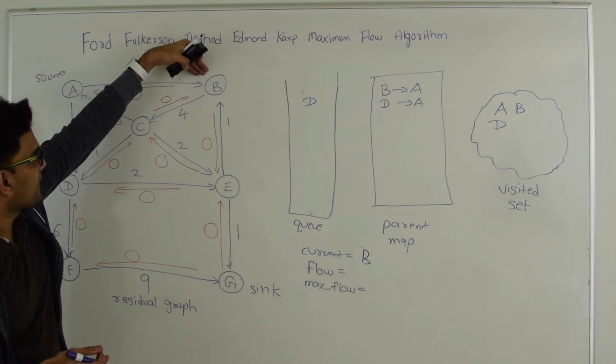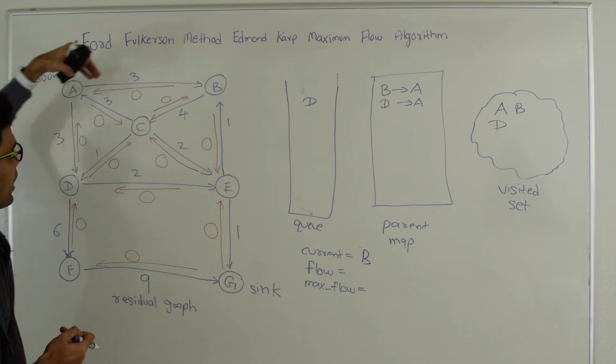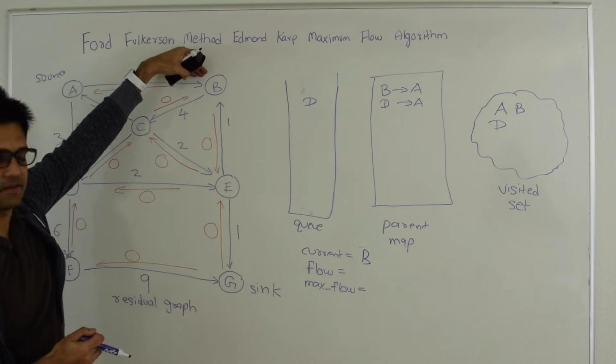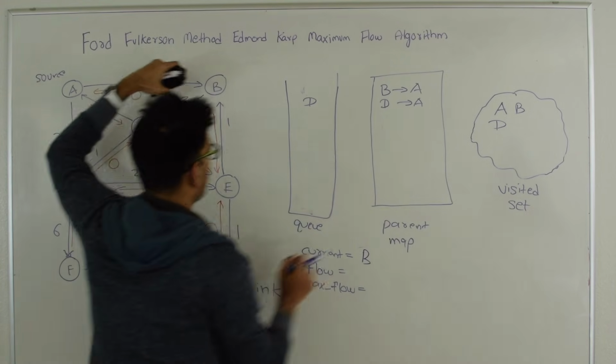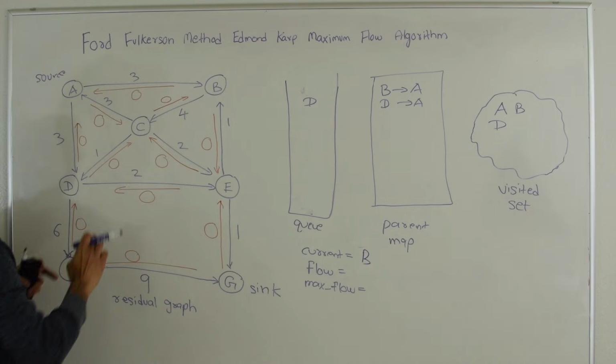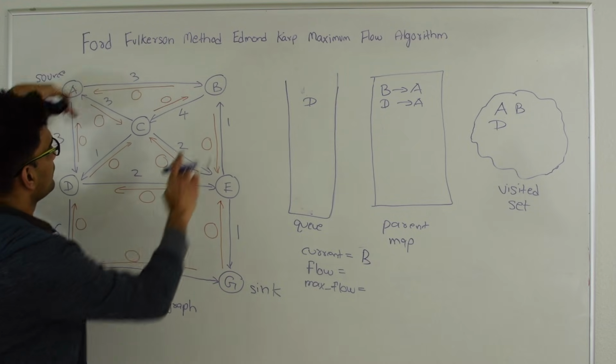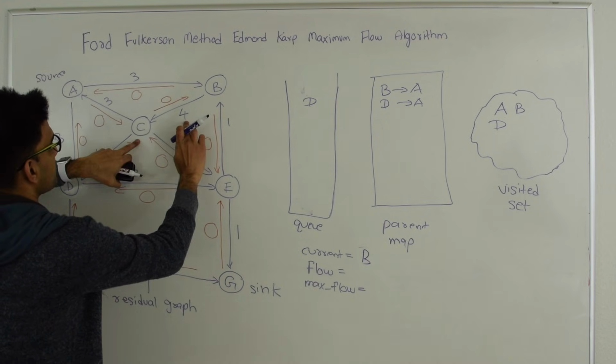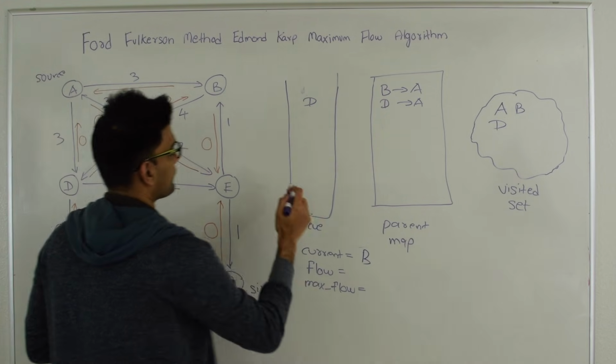So now from B we are exploring neighbors who have residual capacity greater than 0 and who are also not visited. So this arc here has a residual capacity 0, so this is not useful. This C here has a residual capacity 4 and C is also not visited.